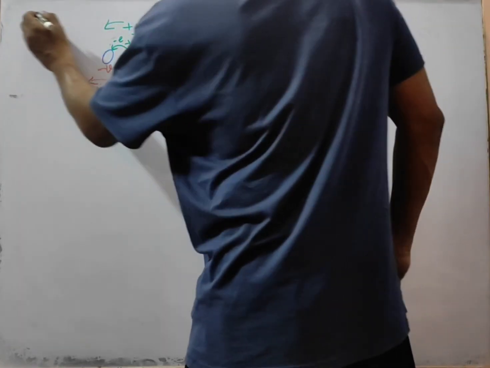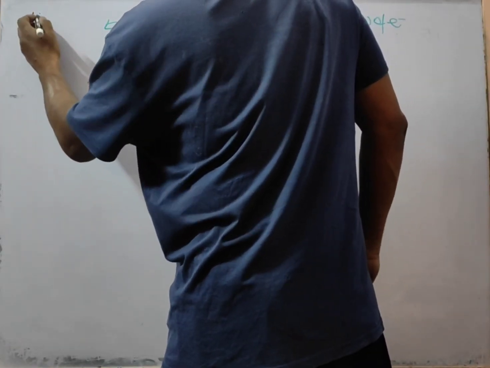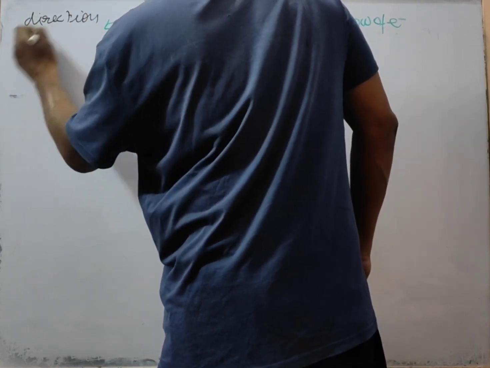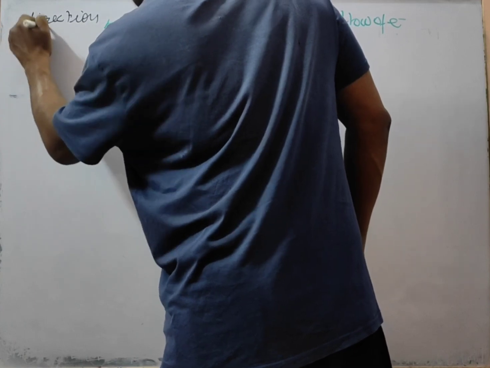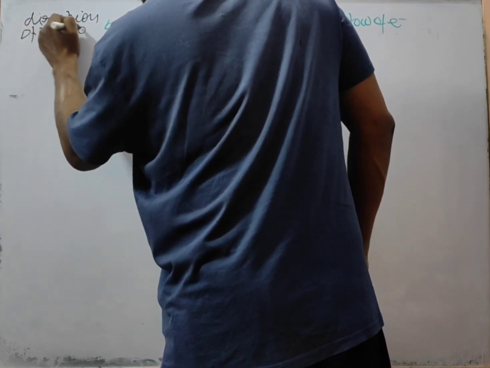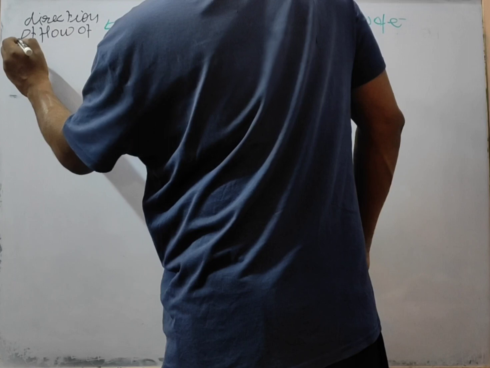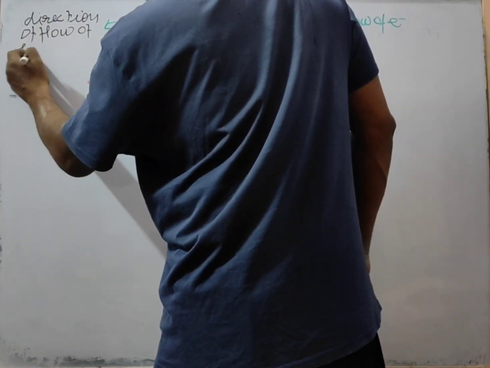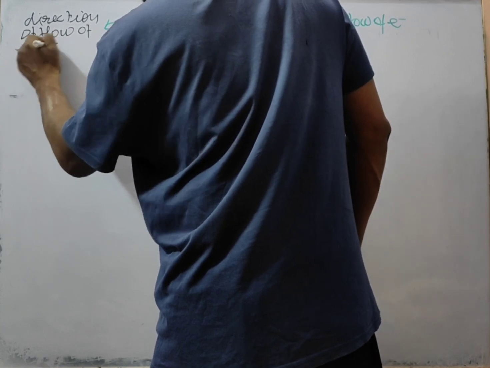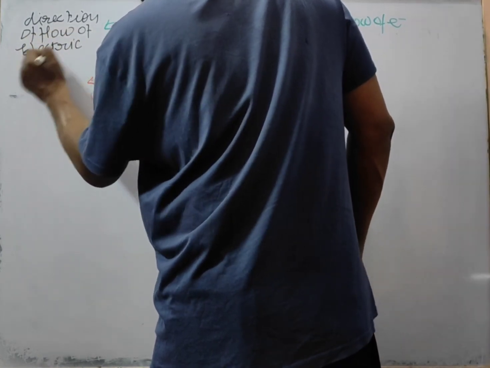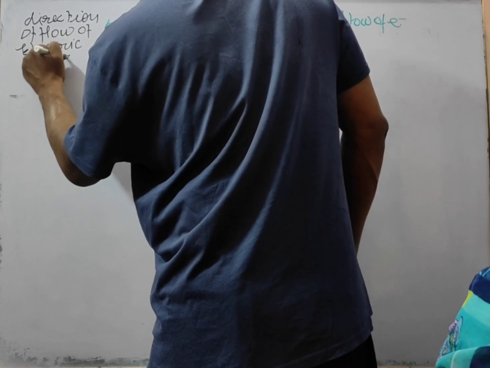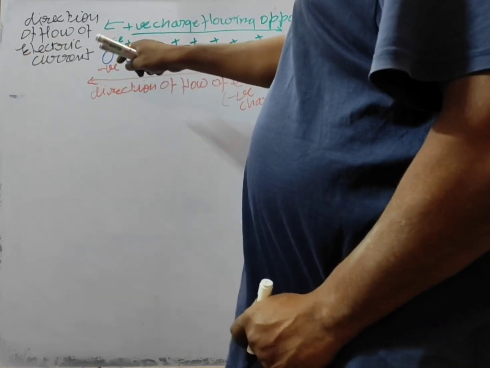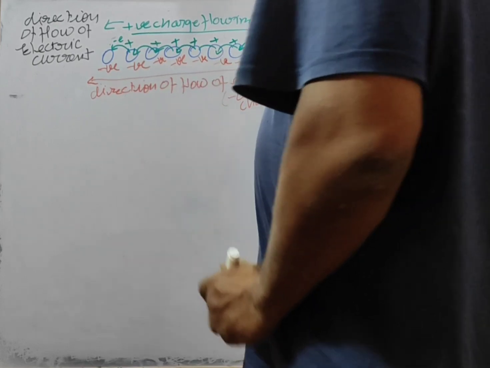So this is the direction of flow of electric current. Electric current flows opposite to the flow of electrons.